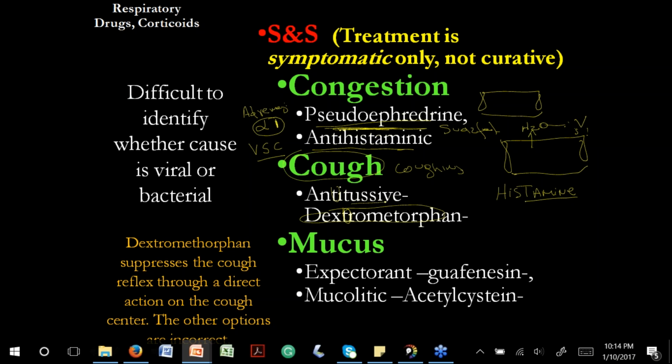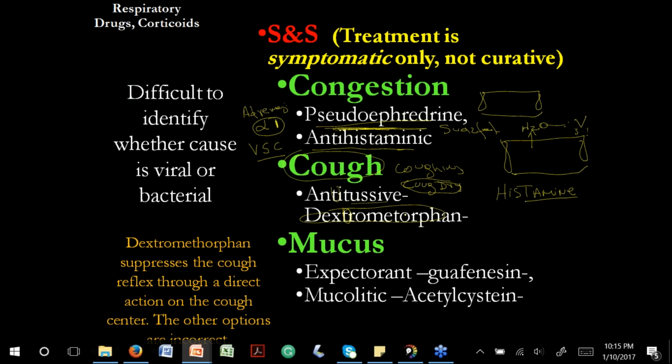So when is this dextromethorphan going to be used? If you know that the cough is a mechanism of protection, they are going to get rid of the bacteria through the coughing. When the cough is actually a dry cough, we are going to use an antitussive.